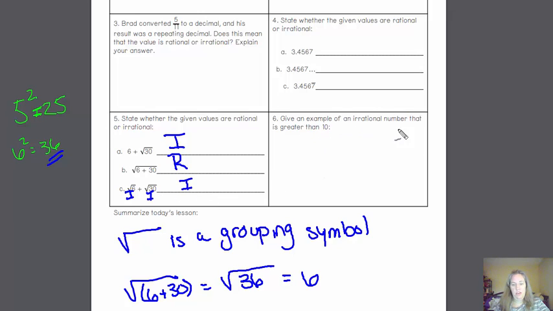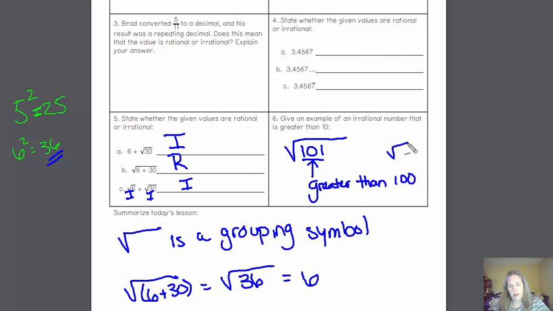An example of an irrational number that is greater than 10. You can do the square root of any number greater than 100, because square root of 100 is 10. So you have to have something bigger than that.